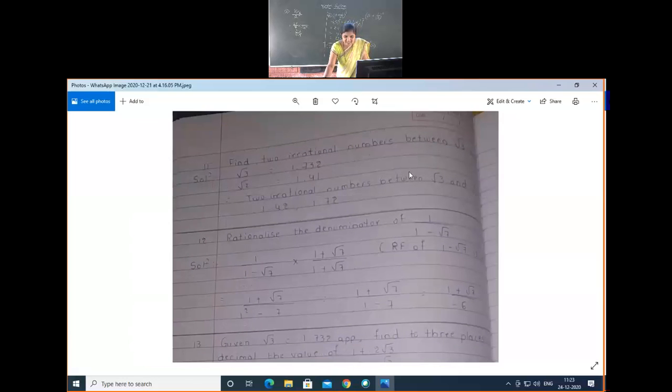Shreya, how did you work out this problem? Mataji, to make it easy, 22 by 7 I took as pi. Okay, pi only you took. Then pi cancelled.